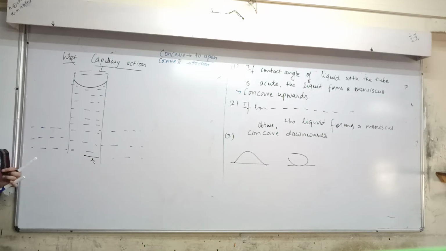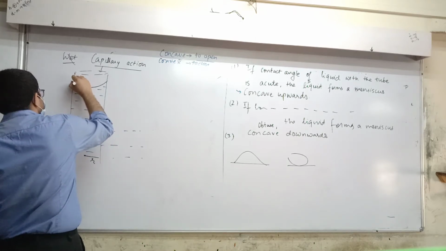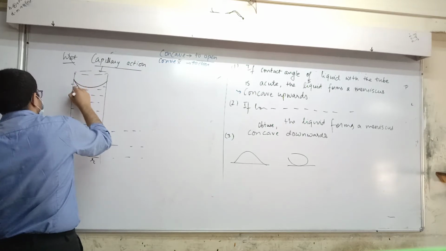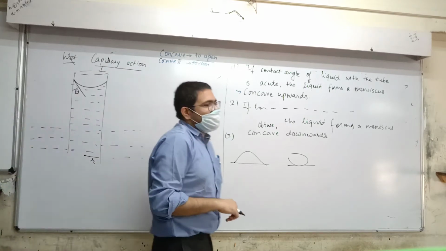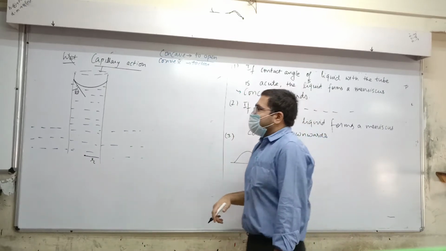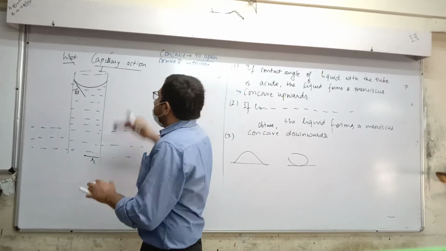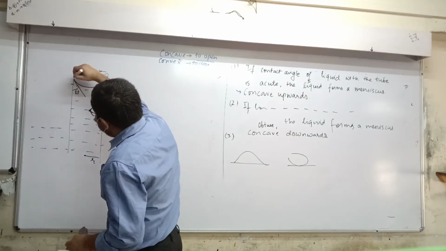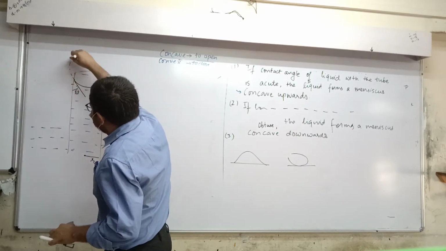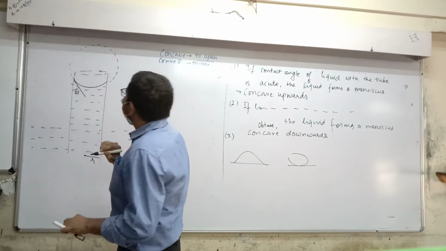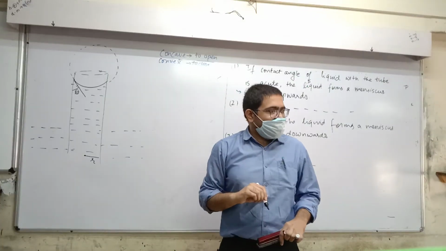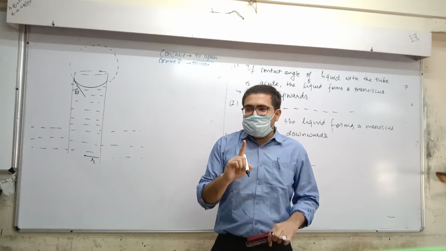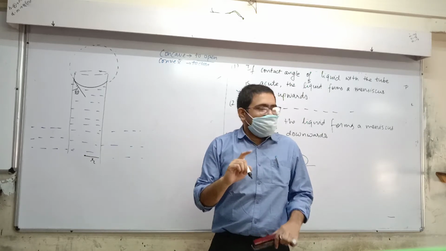Now, good so far? Is it clear what I have drawn? Where is the contact angle? Here, theta. Now, let's say that this shape you are seeing is actually a part of a big sphere. Can you imagine that?